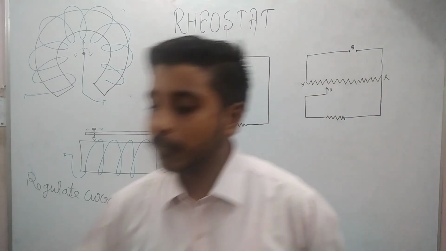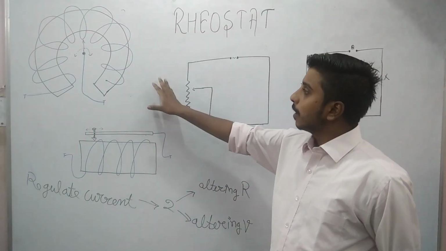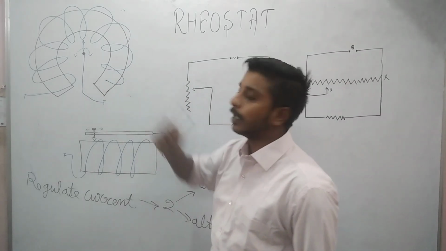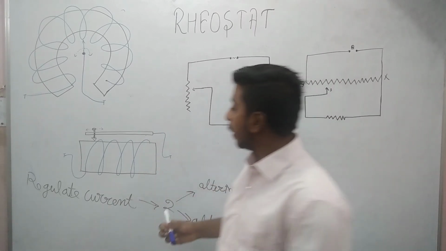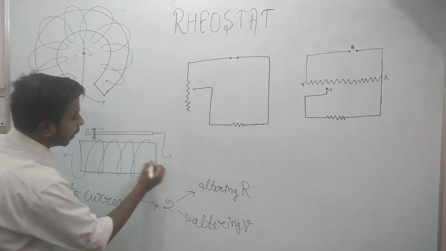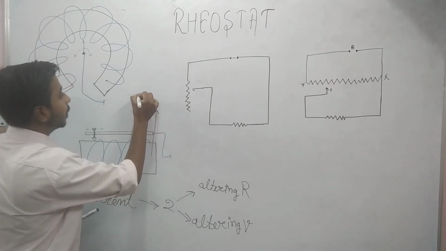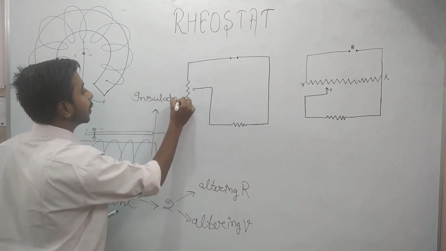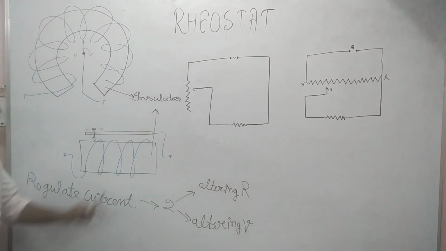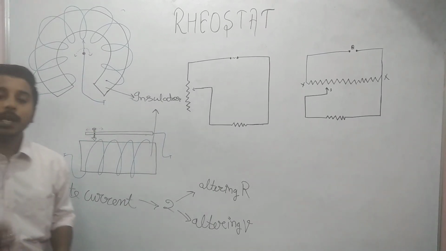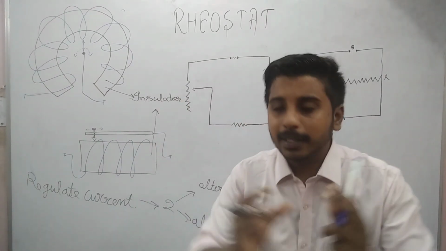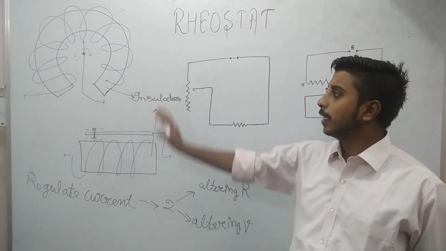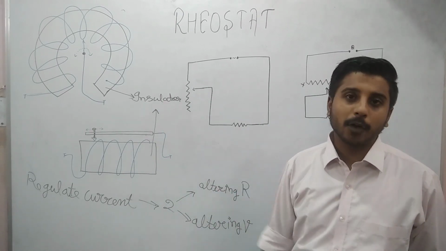Now we will move on to the construction of rheostat. As you can see, this one is a rheostat and this one is a rheostat. In this, the black portion is an insulator, and it can be either straight like this or curved like this, nearly more than a half of a circle.